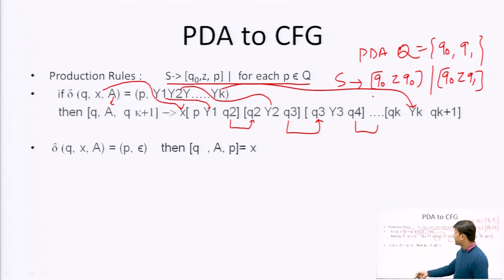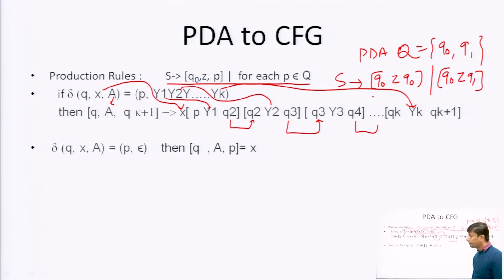So next is Q, epsilon. This is the third rule: in Q, X, A going to P, epsilon. This means X is the input alphabet and A is the stack top. So you have to find a production Q, A, P to X. This is a variable and X is a terminal, and here QAP is a variable, X is a terminal. So this is for the pop operation.